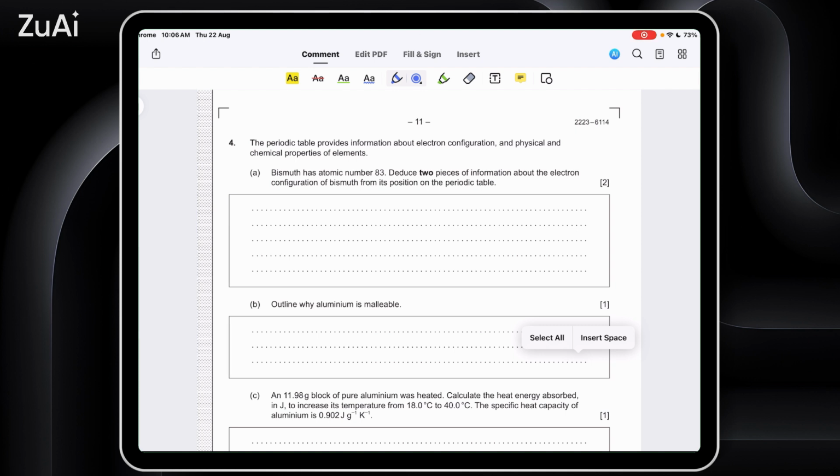The periodic table provides information about the electronic configuration and physical and chemical properties of elements. Bismuth has atomic number 83. Deduce two pieces of information about the electronic configuration of bismuth from its position in the periodic table. Of course, it belongs to group 5 or 15. It has 5 valence electrons, because the group number represents the valence electrons.